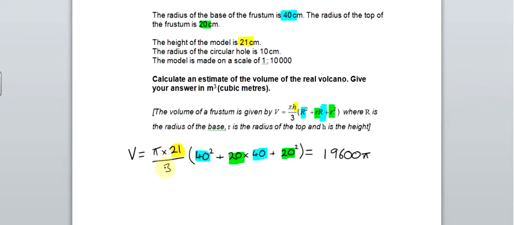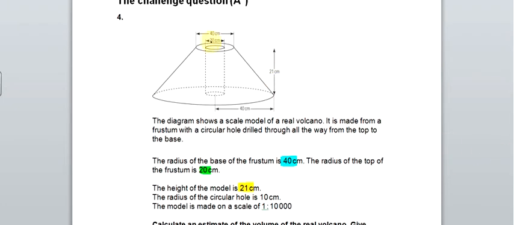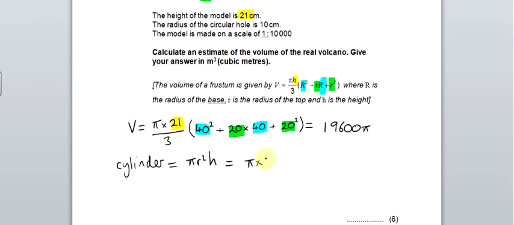Now that's the frustum. Now we need the hole, so the cylinder. The volume of a cylinder is pi r squared h. So let's substitute into that. It's pi times, now the radius of the cylinder, well, 20 across, the radius is 10. 10 squared times 21, that's the height.